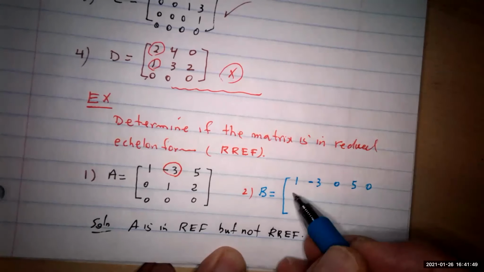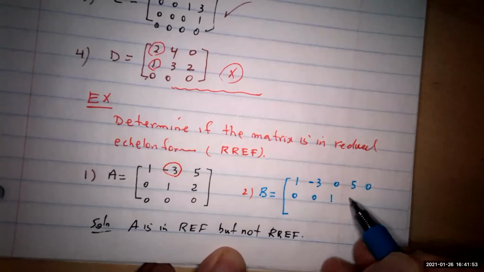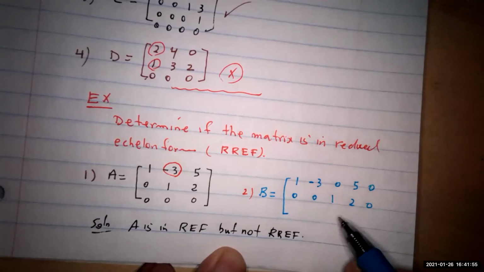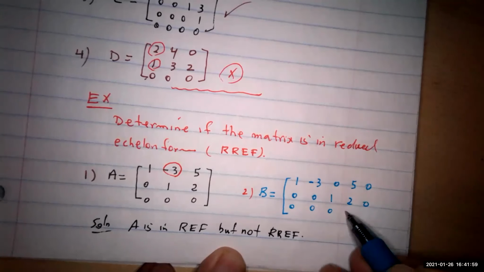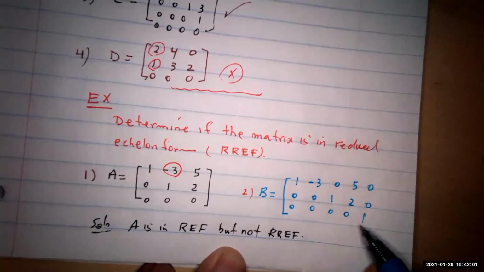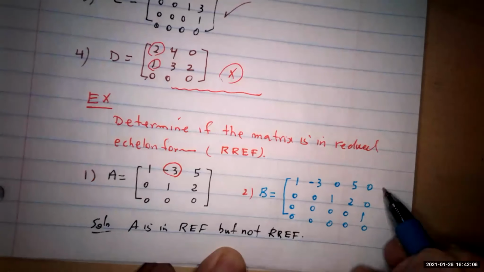And the other one is going to be 0, 0, 1, 2, 0. And over here we have a 0, 0, 0, 0, 1, and the 0, 0, 0, 0, 0.